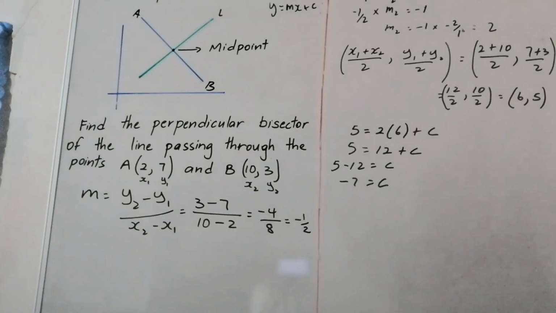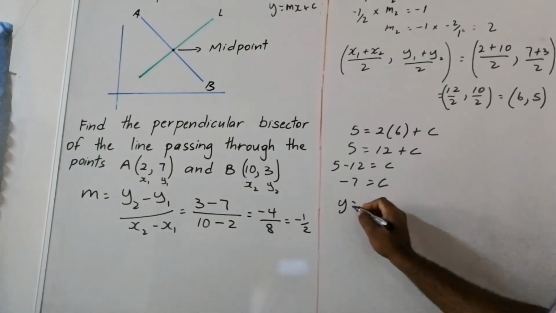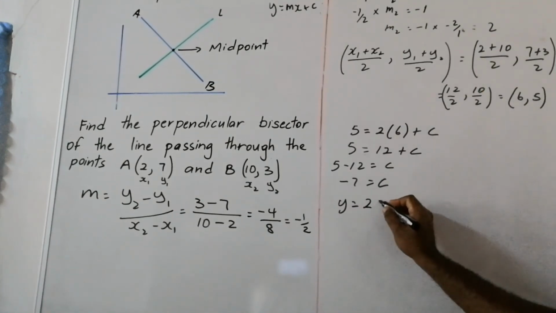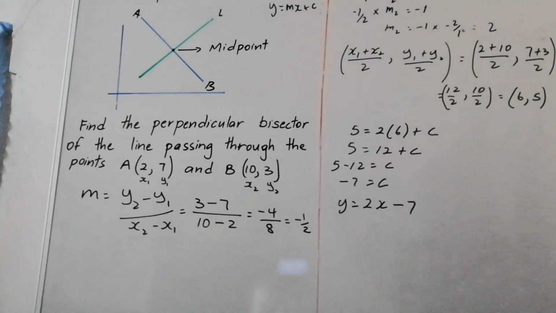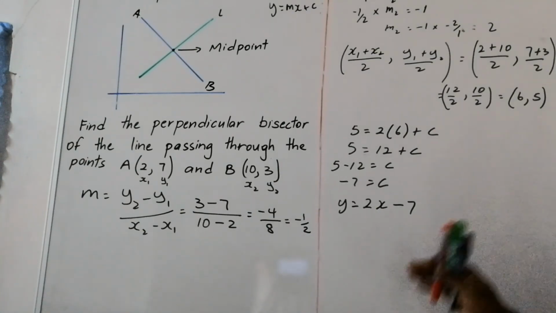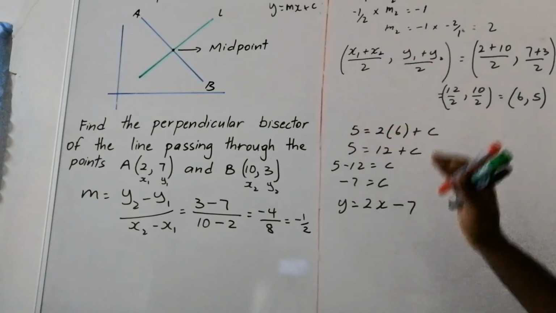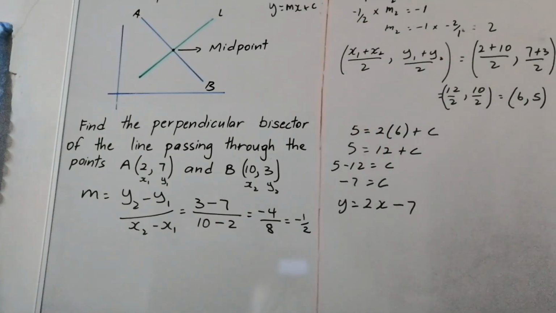So the equation of the line will be y is equal to 2x take 7. That is the equation of the line perpendicular to AB, the perpendicular bisector of AB.